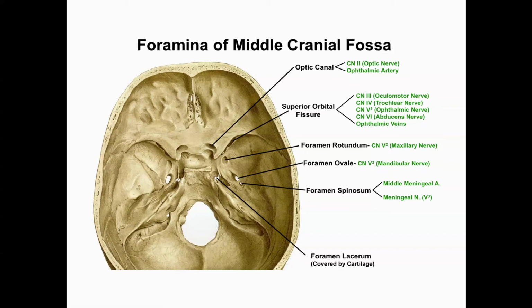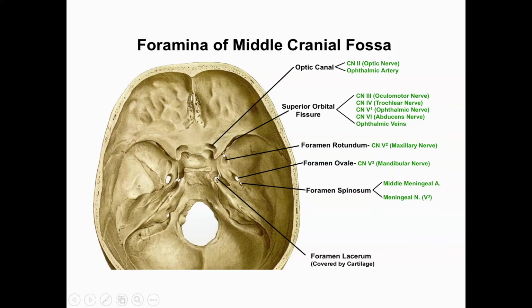Then we need to know the foramina, because when the base of skull is involved it becomes T3, but when a cranial nerve is involved it becomes T4. So which are the foramina? We need to go back to our head and neck MBBS days. This is the optic canal, which shows the optic nerve and ophthalmic artery. This is the superior orbital fissure.